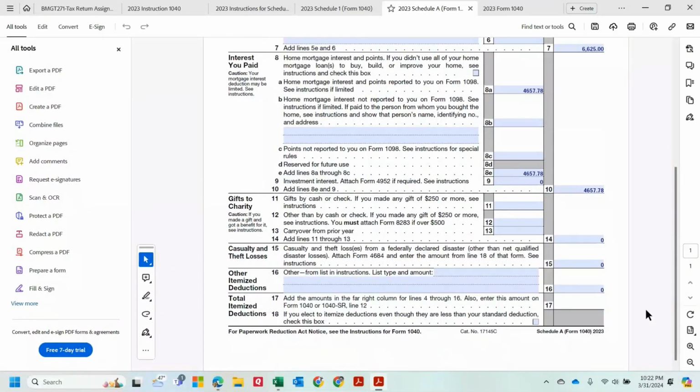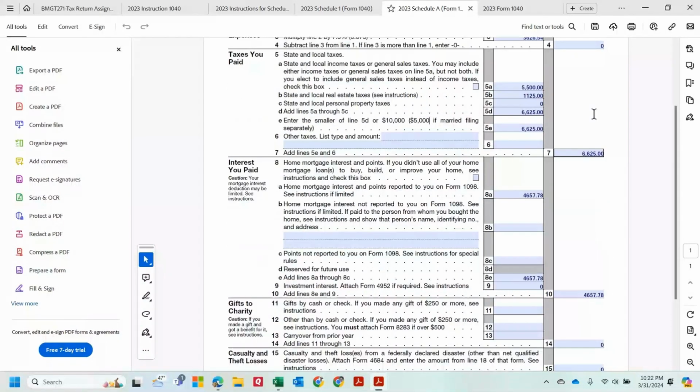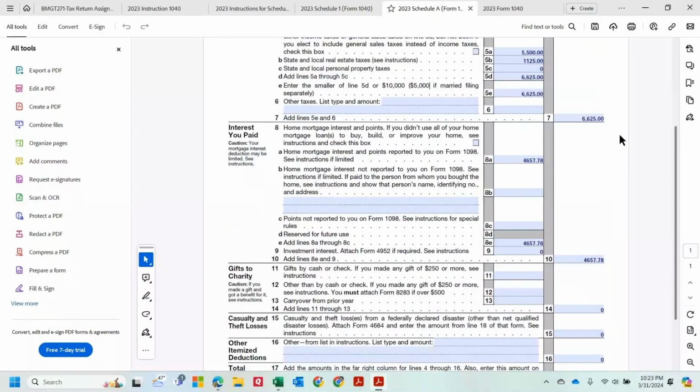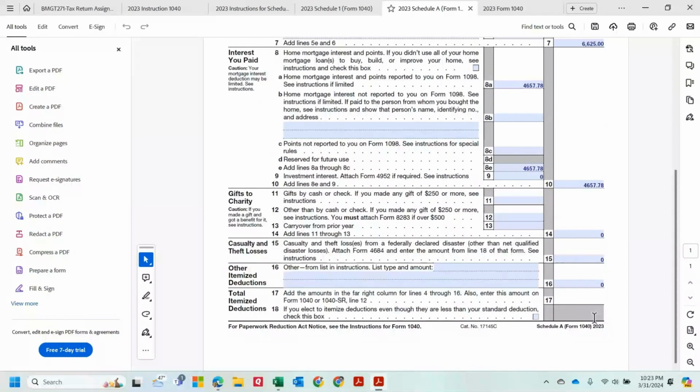So go ahead and get your calculator out. And we're going to add up these. So I've got 0 plus $6,625 and 46.57.78 plus 0 plus 0 plus 0 gets me down to $11,282.78. So that is my itemized deduction.